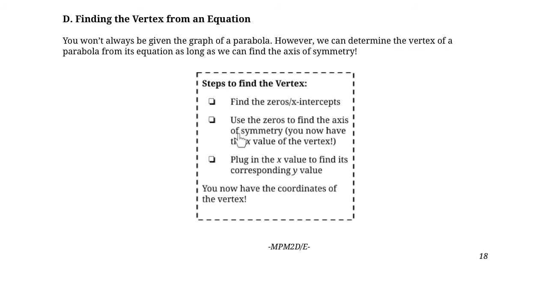So by finding the axis of symmetry, you're actually finding half of your vertex. Once you have the x value of your vertex, you can simply plug it back into the given equation in order to calculate the corresponding y value. And once you have the y value, you can put it together with your x value and come up with the coordinate point for the vertex.